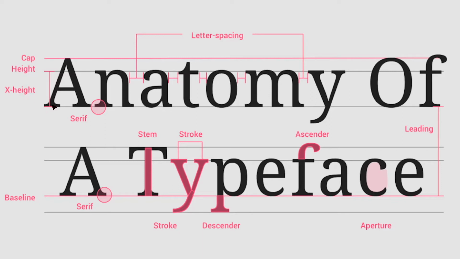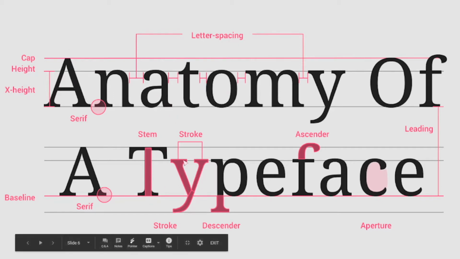X height is from the baseline to the height of the small letters. Cap height is all the way to the capital letters. Letter spacing is what it stands for, the space between letters. Then the stem of a letter is the stroke.